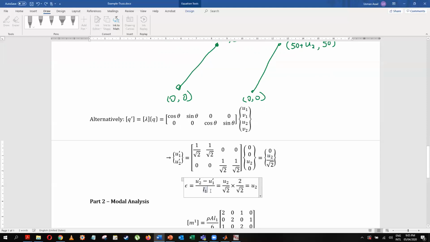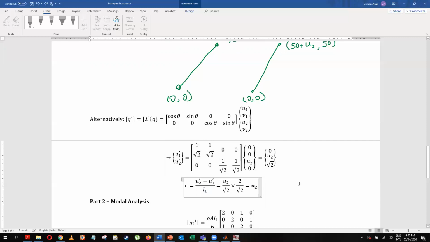L1 you might remember was 0.5 into under root 2. So 0.5 into under root 2 can be rewritten: you can move the 0.5 to the numerator, and instead of 0.5 down here, you would have a 2 up here, right? So it's kind of obvious that this just is going to be equal to u2, right? Under root 2 into under root 2 is 2, and 2 over 2 is 1.